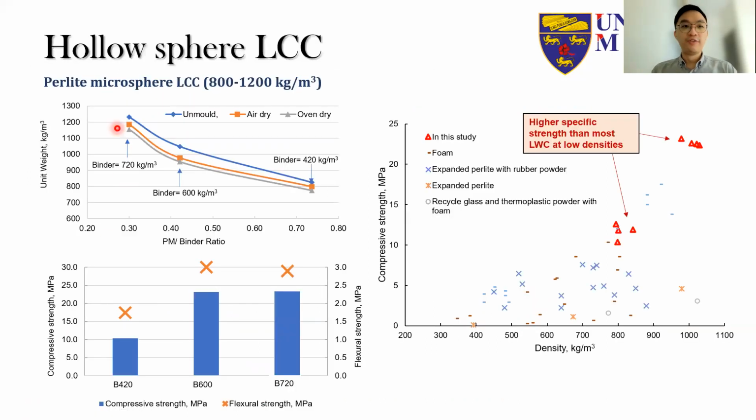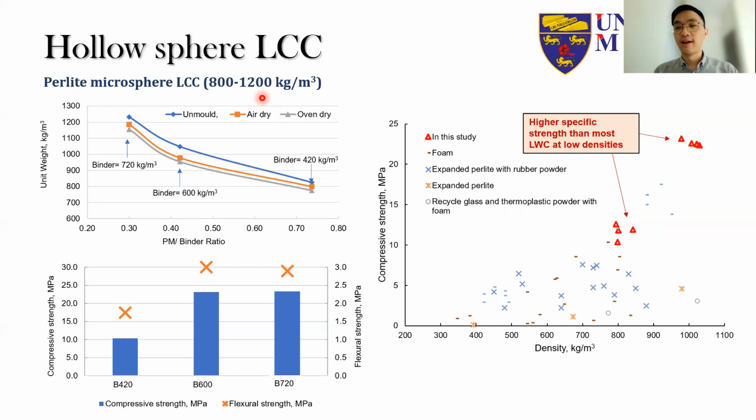So we first tried getting a very low density lightweight cementitious composite using the Perlite microsphere. You can see from here, we are targeting a density within the range of 800 to 1,200 kg per cubic meter. In these cases, we are looking at the lightweight filler, the hollow sphere Perlite microsphere.